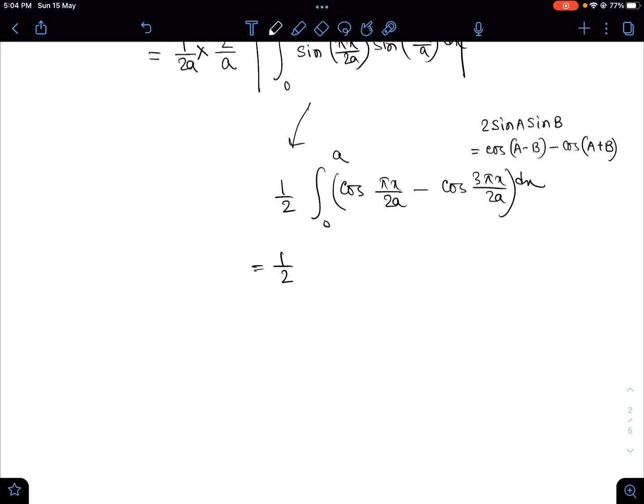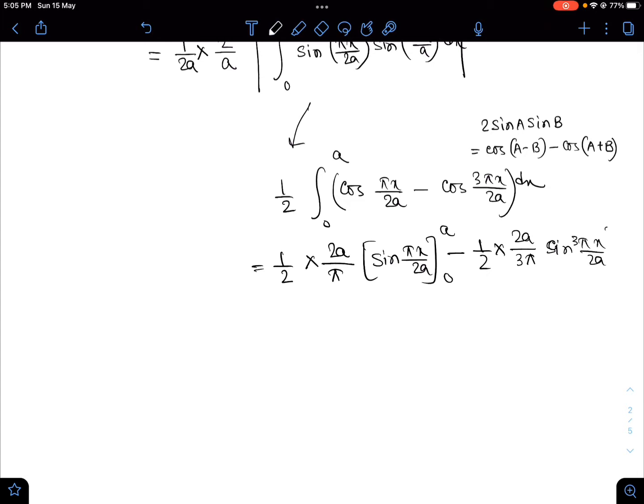And for the first one we will get pi by 2a sine pi x by 2a, and the limit is from 0 to a, minus we have here 3 pi by 2a, and we have sine 3 pi x by 2a, and this limit is also from 0 to a.